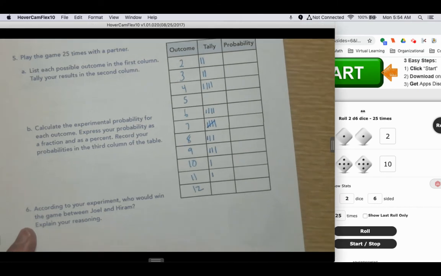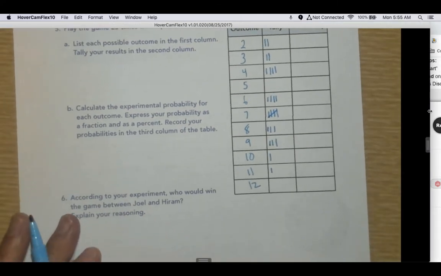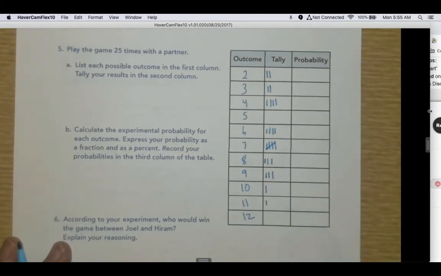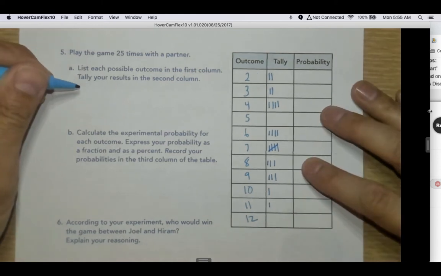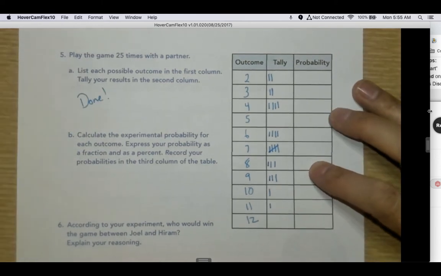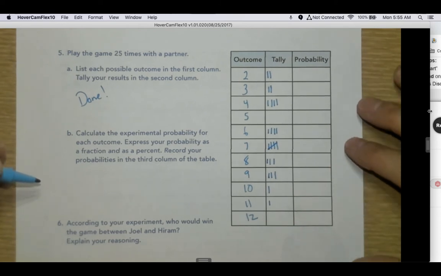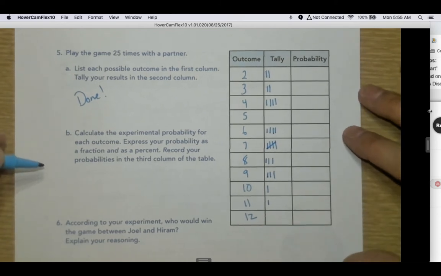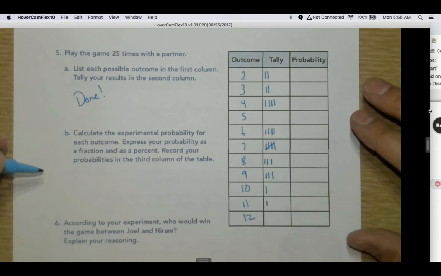Then if I take a look here: list each possible outcome in the first column, tally your results in the second column, done. Calculate the experimental probability for each outcome, express each probability as a fraction and as a percent.